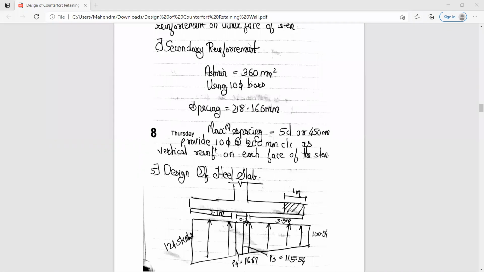Should I proceed with the design of heel slab? Okay.